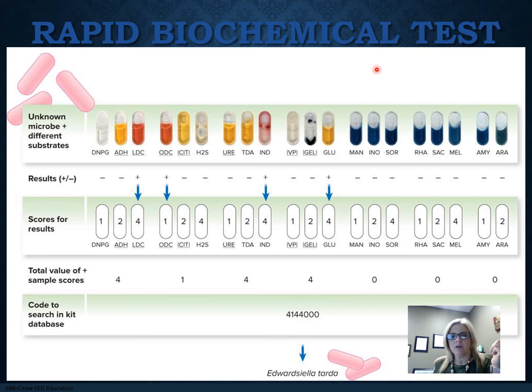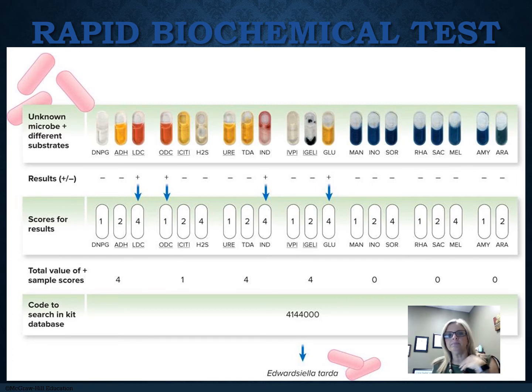Samples of a single bacterial isolate, which can be like an unknown gram-negative microbe, can be placed in these 20 different little cups, or tubes, which the growth media and chemicals are designed to test for those individual enzymes, like arabinose.